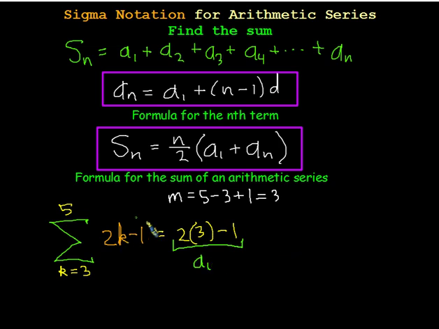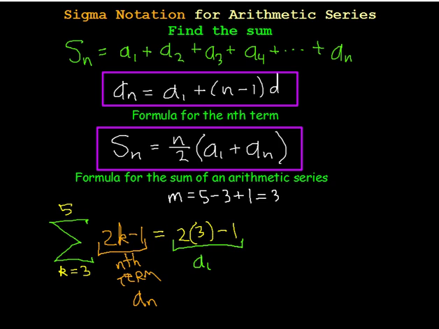And you're always going to find your first term by taking this, which, by the way, let me be clear, this here is our nth term. And you might recall that the nth term is always abbreviated a sub n. So our a sub n is this. And to get our first term, we just take 3, plunk it into k, and then evaluate.